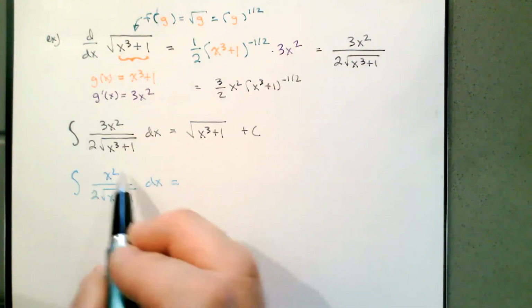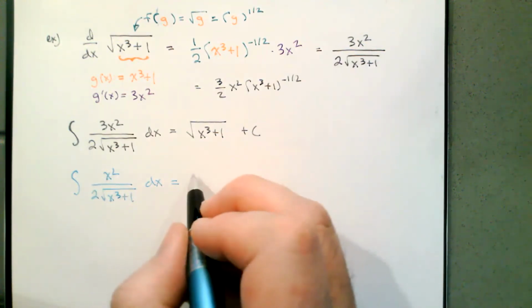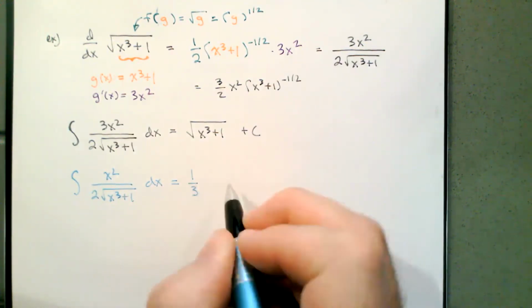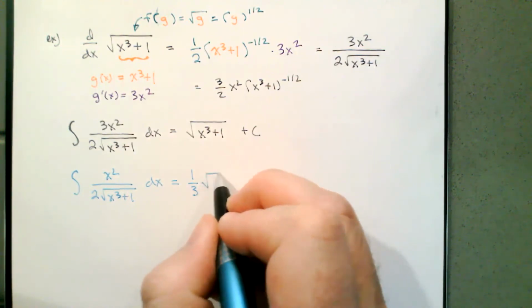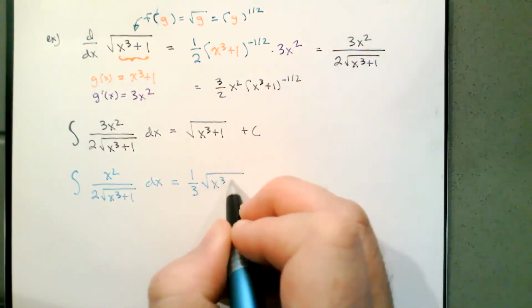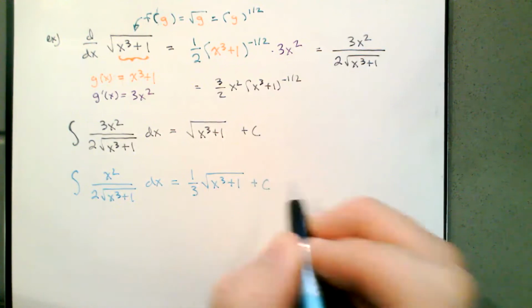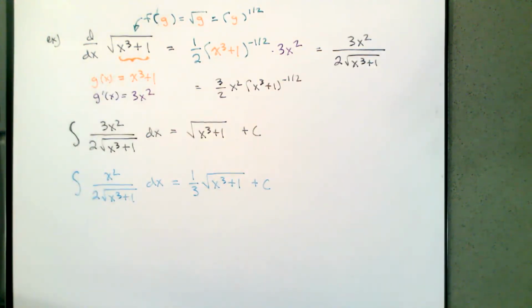If we divide what we start with by 3, we divide what we end with by 3. Plus c is an arbitrary constant of integration. If you divide an arbitrary constant by 3, you just have some other arbitrary constant.